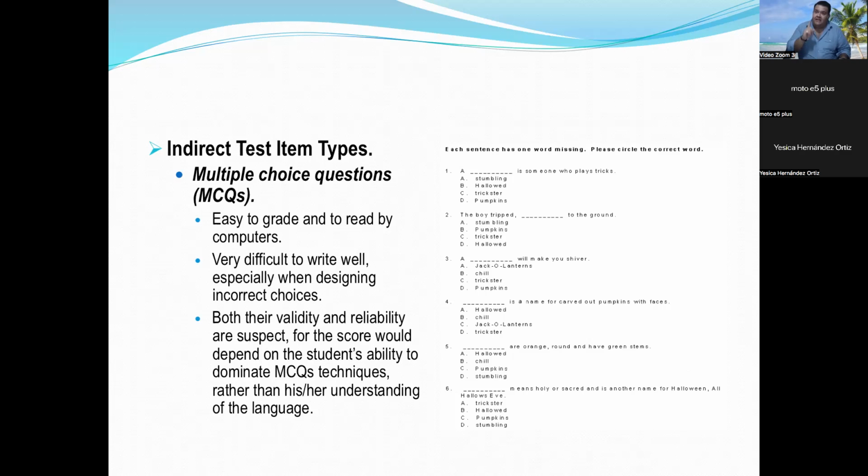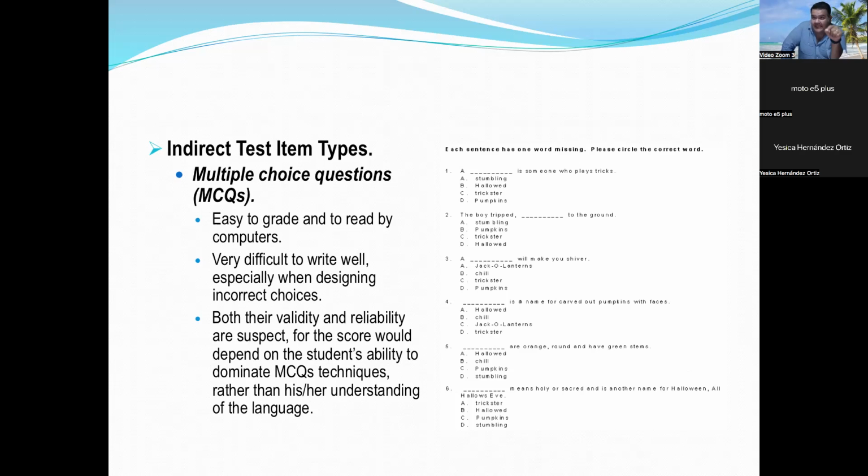I'll give you an example. If you take the TOEFL, it is multiple choice questions A, B, C, D. Si ustedes lo completan sin estudiar, sacan 390 puntos. Así de Ave María de la puntería. So they're not reliable, okay?